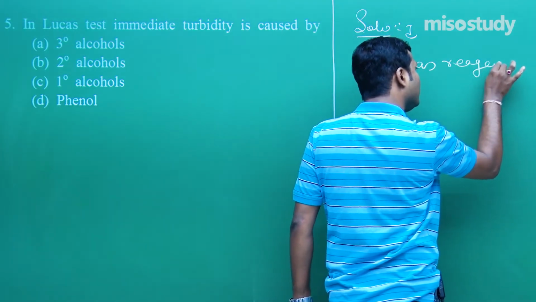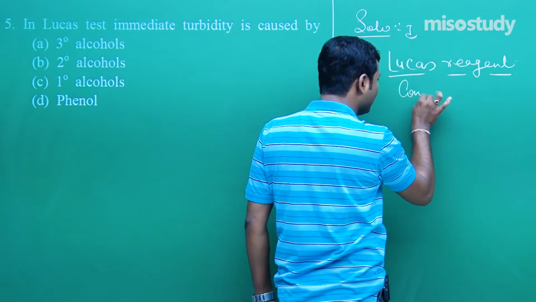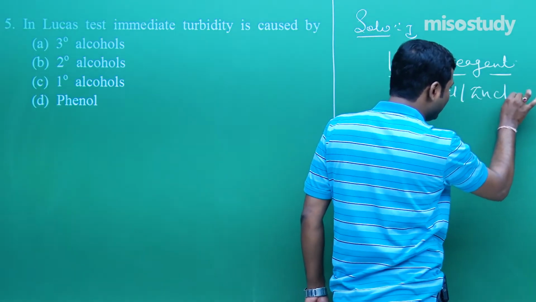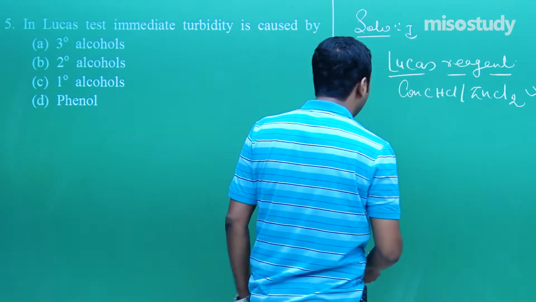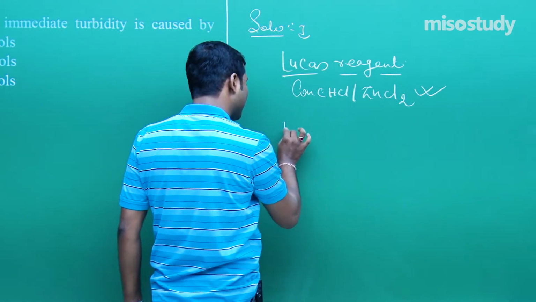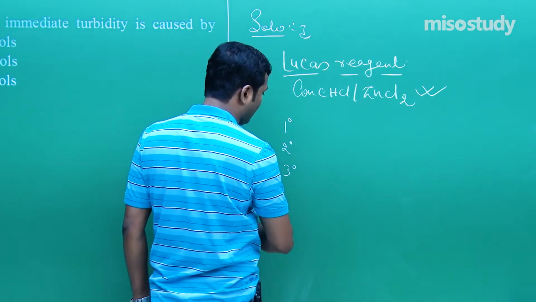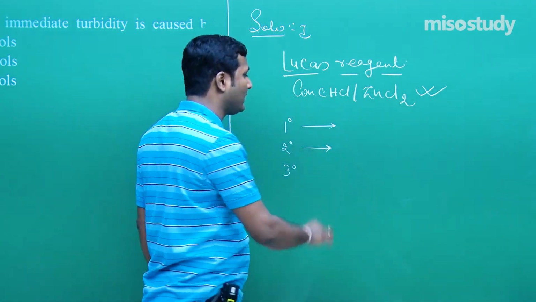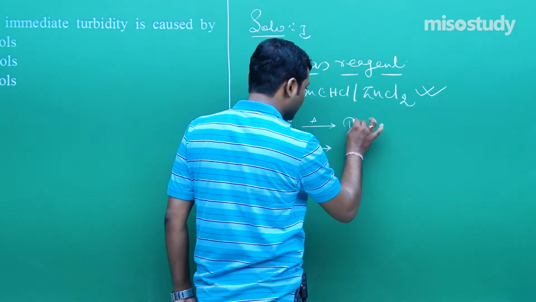Lucas reagent is concentrated HCl with ZnCl2. This is the Lucas reagent. What will happen when Lucas reagent is treated with 1 degree, 2 degree and 3 degree alcohol? It is found that it is hard to react with 1 degree alcohol. Only on boiling does the reaction proceed.